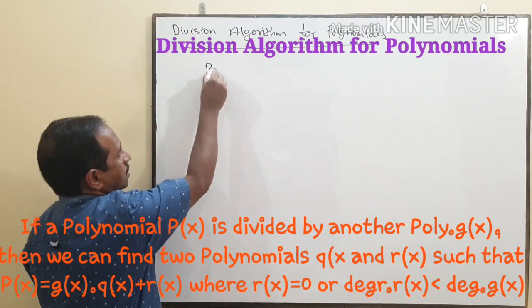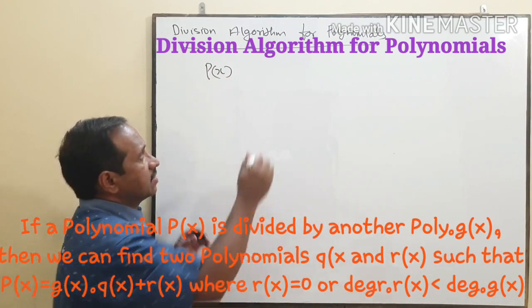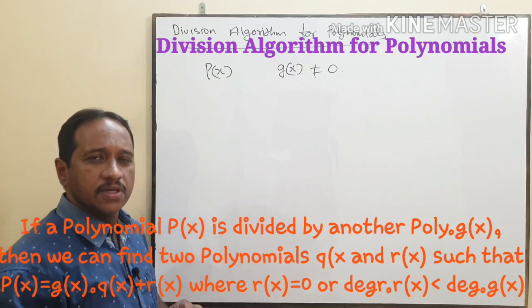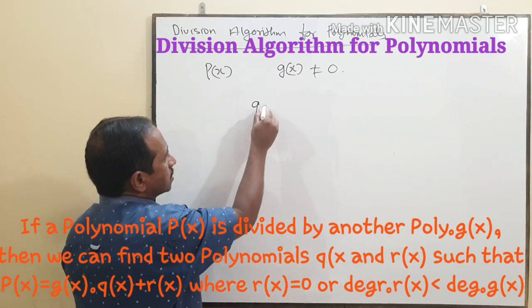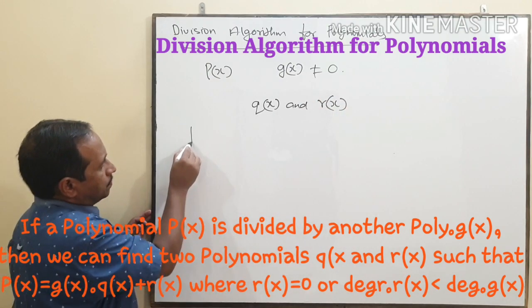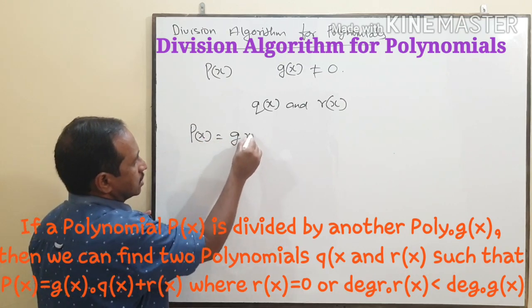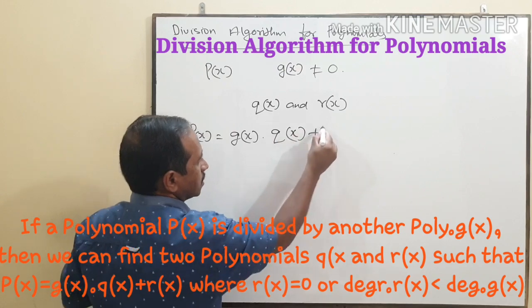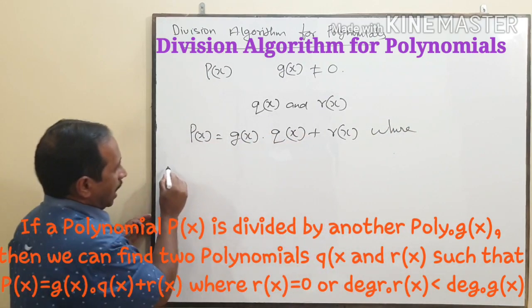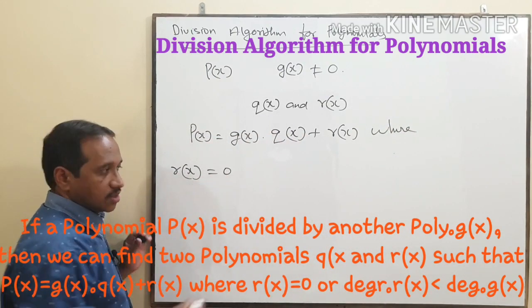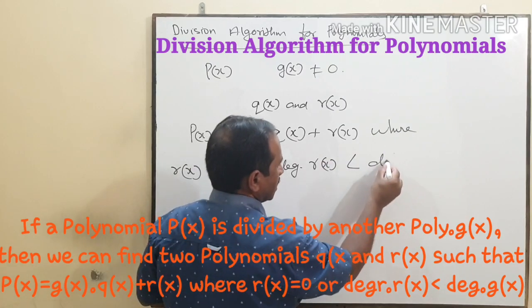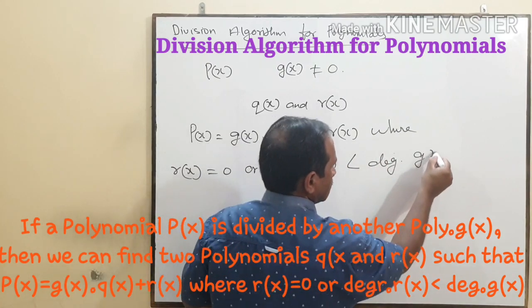If p of x is any polynomial divided by another polynomial g of x which is not equal to 0, then we can find two other polynomials q of x and r of x such that p of x is equal to g of x into q of x plus r of x, where r of x may be equal to 0 or degree of r of x is less than degree of g of x.